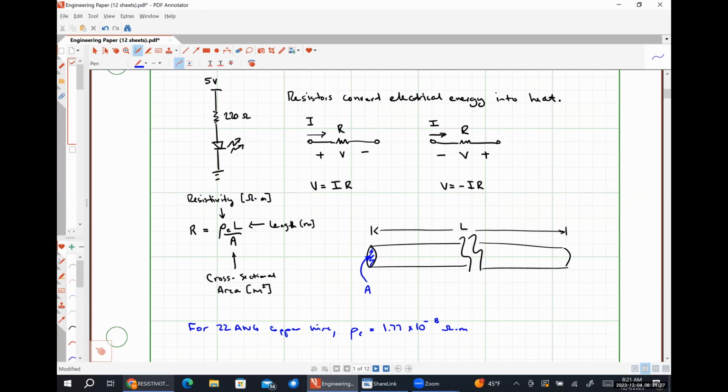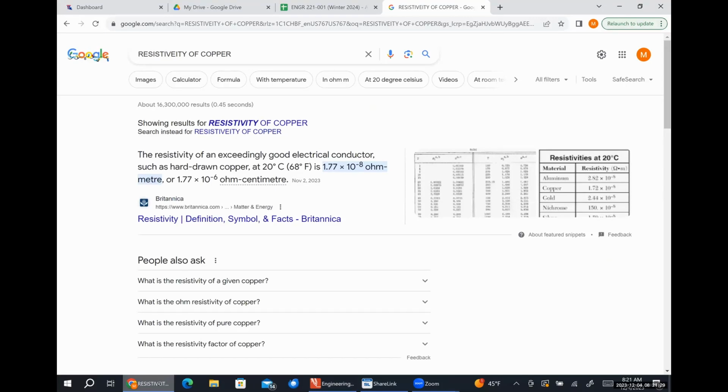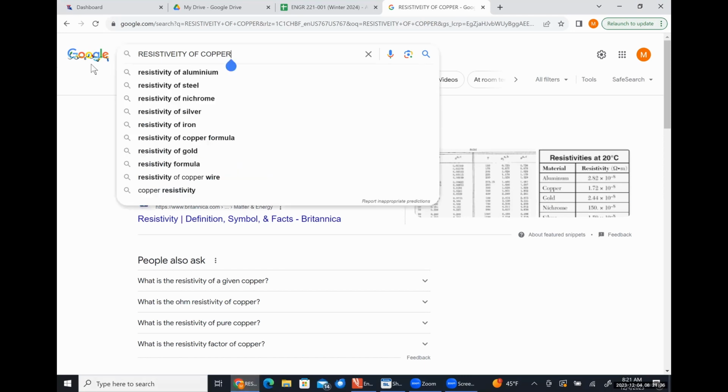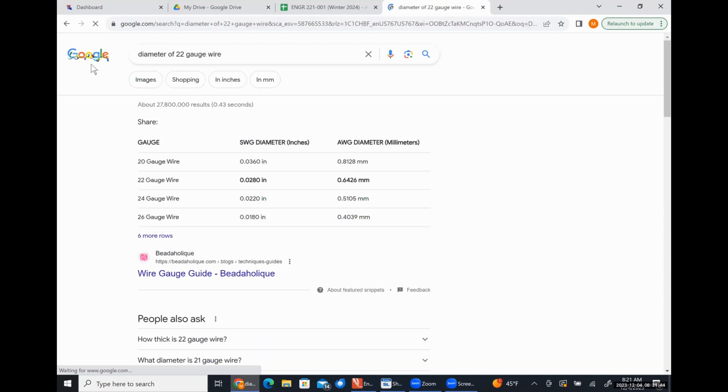And 22 gauge wire has a diameter of 0.6426, so let's call it 0.643 millimeters.